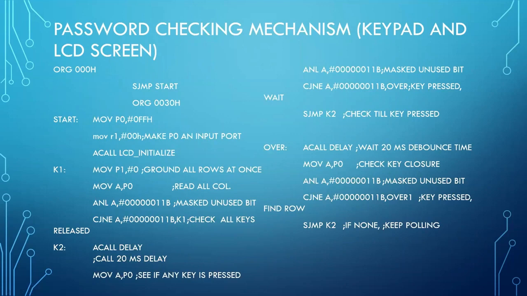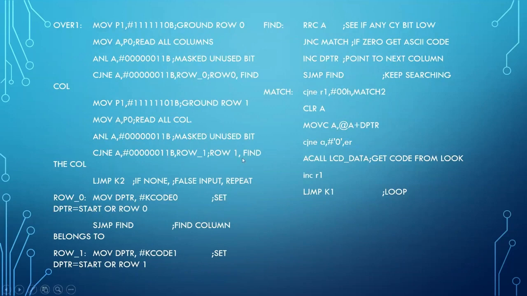One more thing: instead of using a 4x4 keyboard, we are using a 2x2 keypad. That is, we have interfaced the 4x4 keyboard in such a way that we will be able to use only a 2x2 keypad. And moving ahead, this is the code implementation of LCD and keypad interfacing.